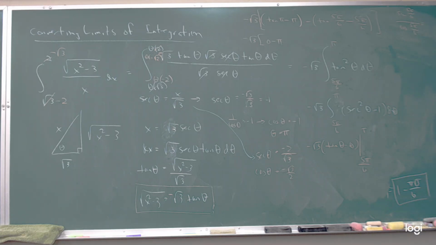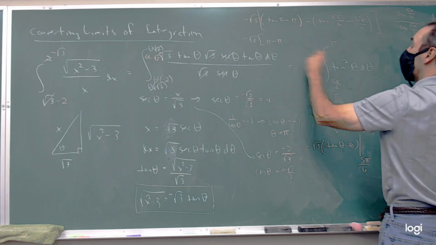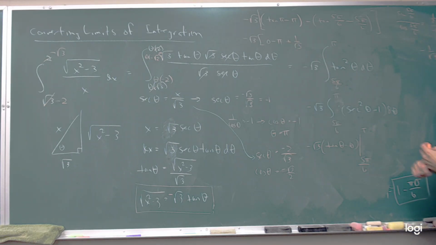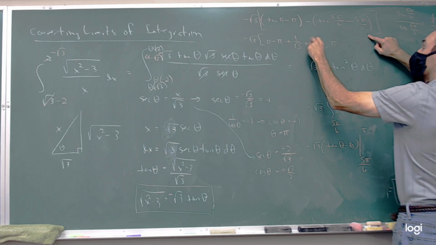Sine of 5 pi over 6 is 1 over 2, and cosine of 5 pi over 6 is negative square root of 3 over 2. So we have a negative 1 over square root of 3. So we've got minus that negative, we'll make it a plus 1 over square root of 3. And that will become a plus 5 pi over 6.